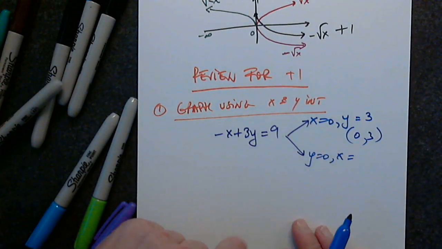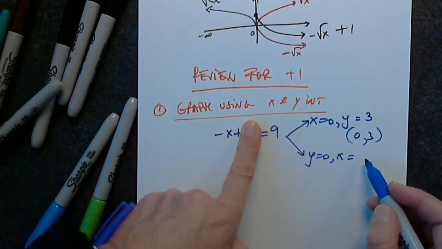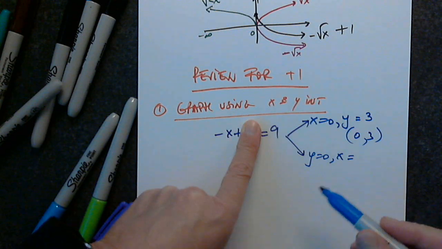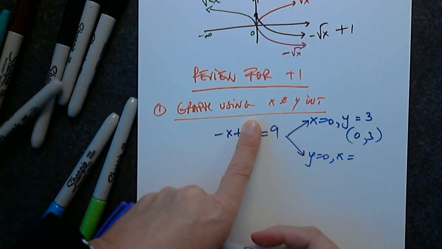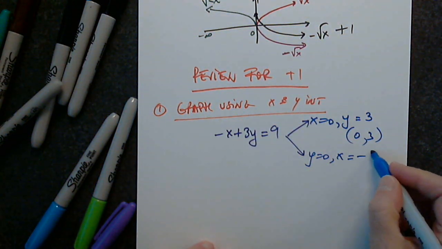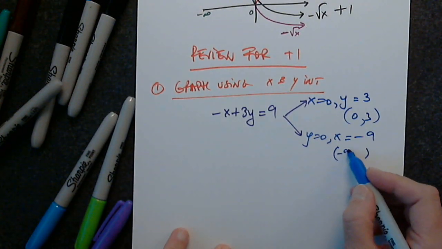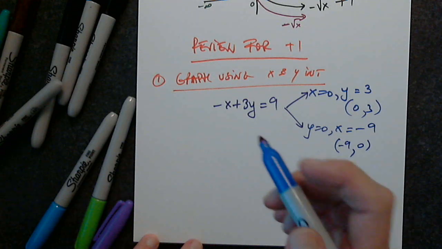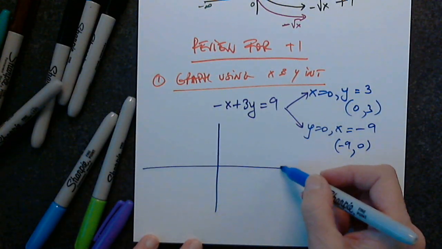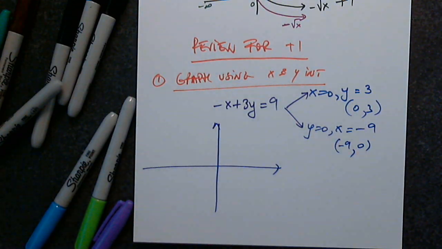Excellent. Now when y is 0, please cover it and give me x. Very good. And what is the ordered pair that we are looking at right now? That's it. We plot those 2 points.